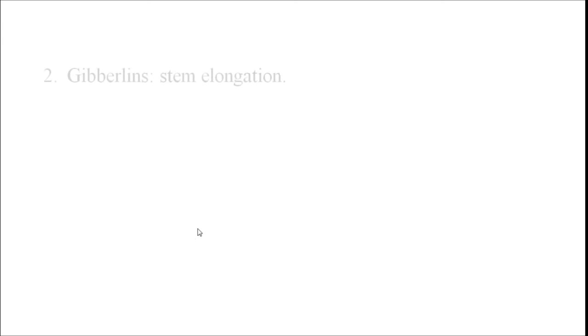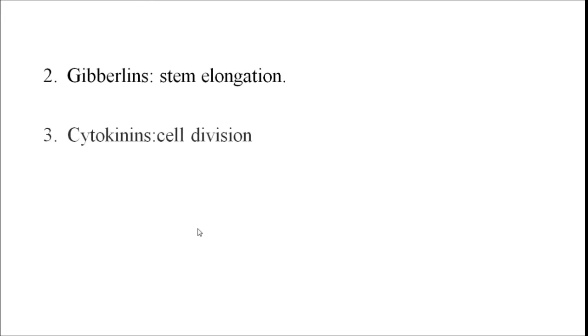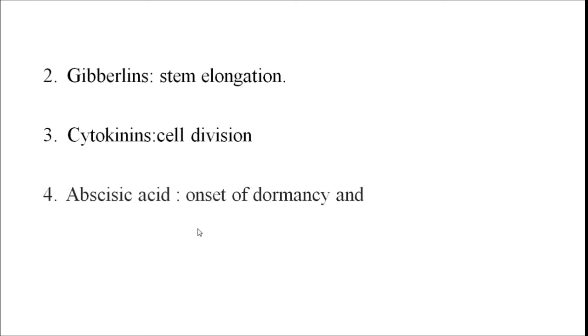The next class is the gibberellin. It carries out the elongation of the stem. Cytokinin is involved in the cell division process. Abscisic acid is responsible for the onset of dormancy. Ethylene is mainly involved in the ripening process of the fruit.